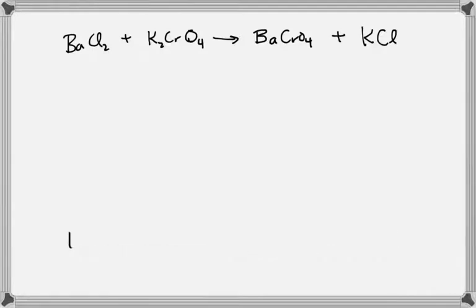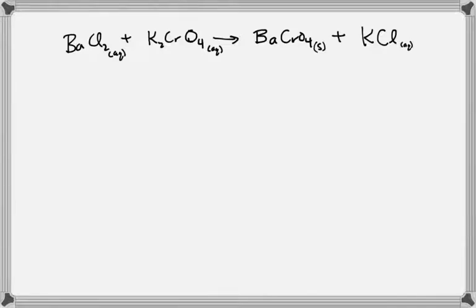And technically also, and this is going to get kind of frustrating, but this is how we've got to deal with it. This is aqueous. I didn't leave myself a lot of space here. This we said was aqueous. This we said was a solid. And this we said was aqueous.